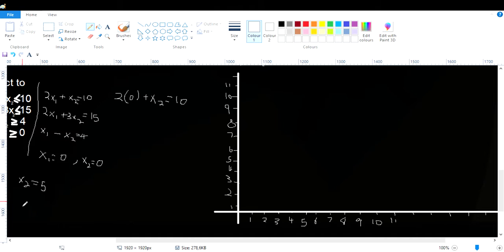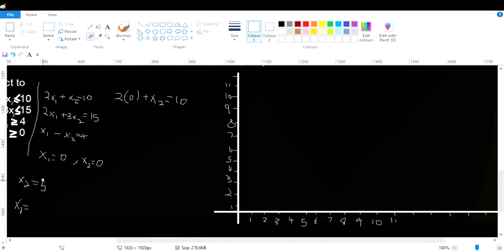When x sub 2 is equals to 0, x1, sorry man, here I made a mistake. Here the answer is 10, not 5.